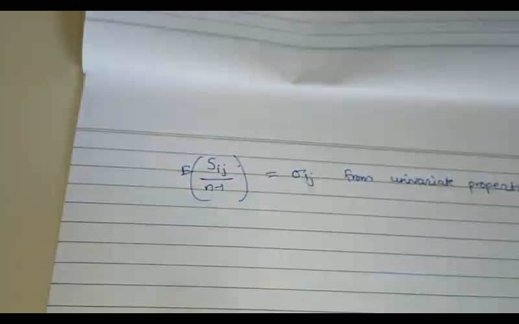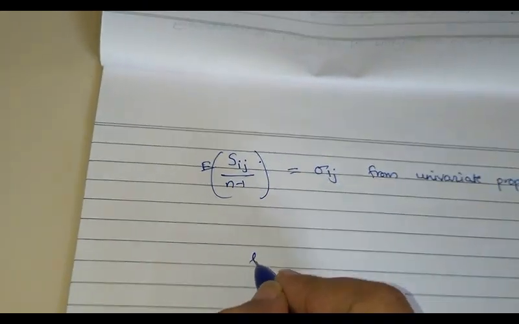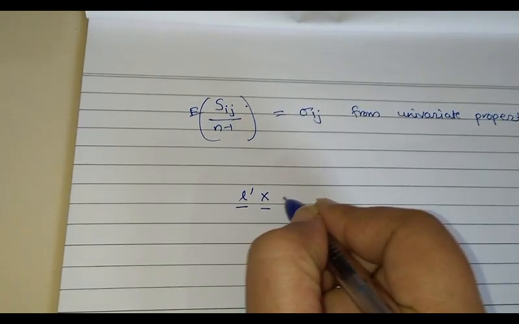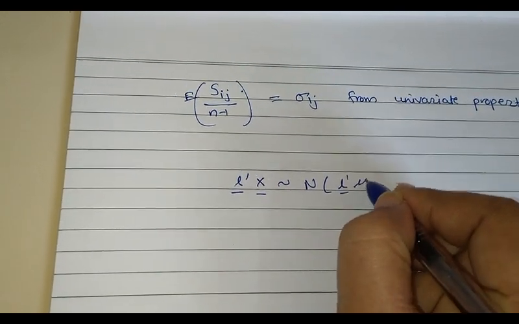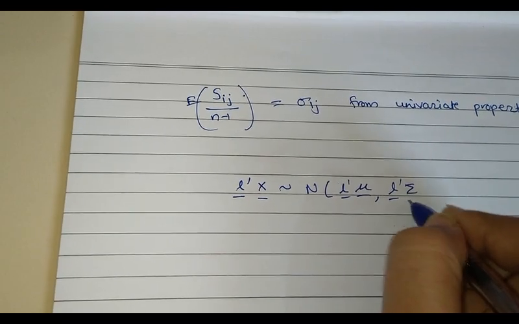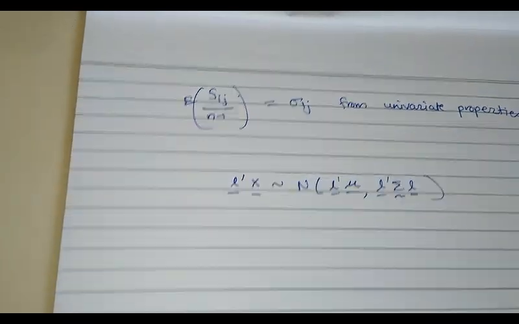So if this is my S matrix, and let me consider L prime x, we know that L prime x will have a univariate normal distribution with mean L prime mu and variance L prime sigma L. This I know.